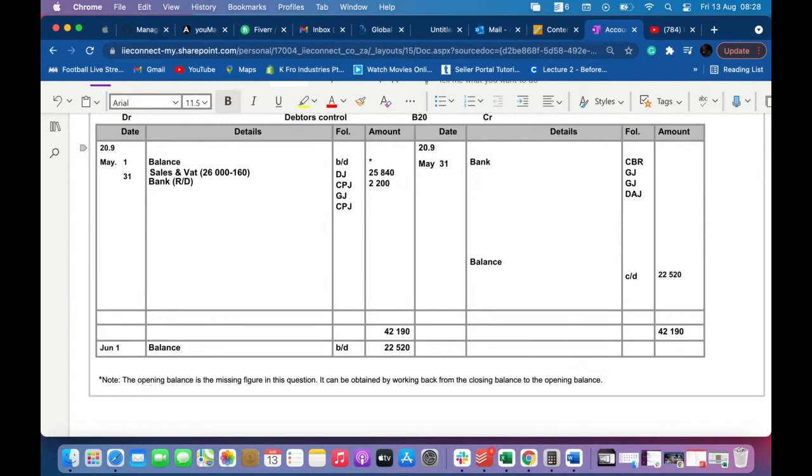So here we're going to say sales and VAT. And here we put that 200. That's us reversing the settlement discount that we granted him.